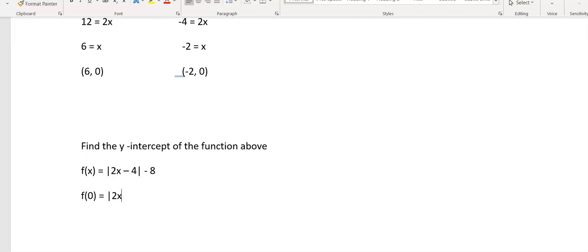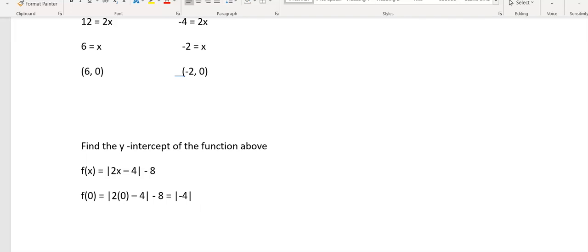So we'll have the absolute value of 2 times 0 minus 4 minus 8, and then we just need to work this out. So really, inside of the absolute value, the 2 times 0 goes away, so I'll have an absolute value of negative 4 minus 8.